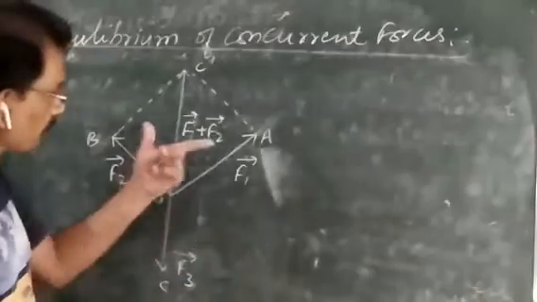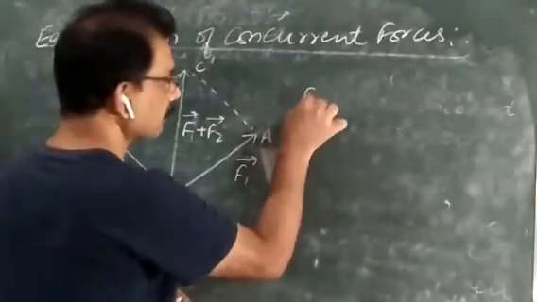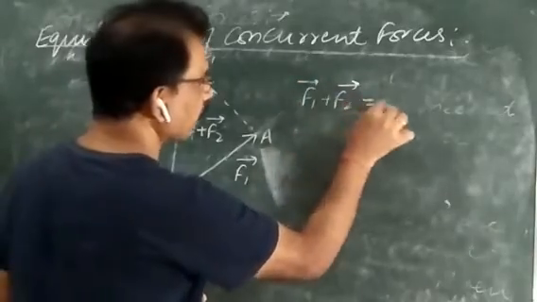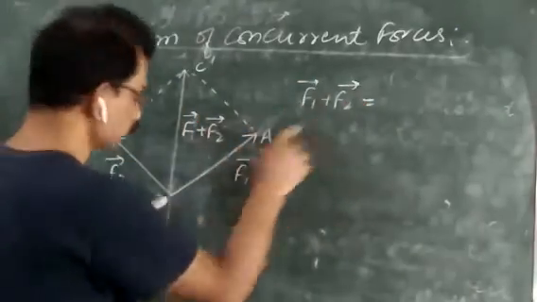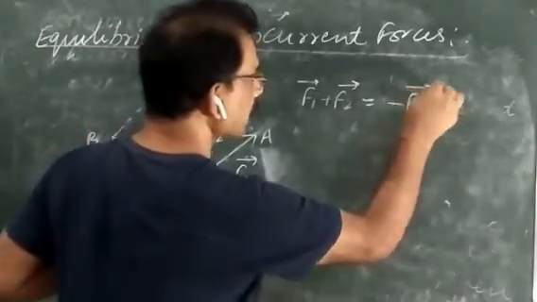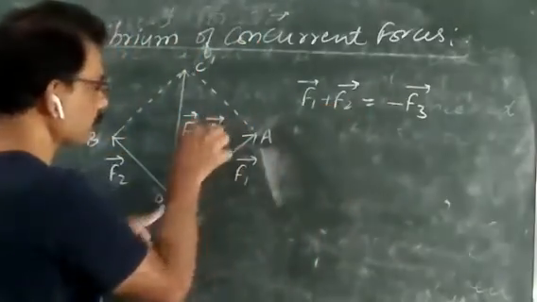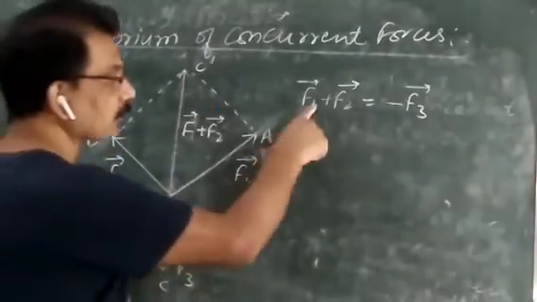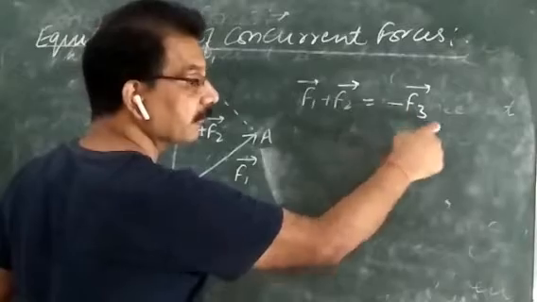जीरो. So you can say for equilibrium, you can say here F1 plus F2. ये फोर्स F1 plus F2 क्या होना चाहिए? Should be equal to force minus F3. Minus F3 का मतलब F1 plus F2 और ये F3 फोर्स का डायरेक्शन क्या होना चाहिए? अपोजिट. और दोनों का मैग्नीट्यूड क्या होना चाहिए? बराबर.